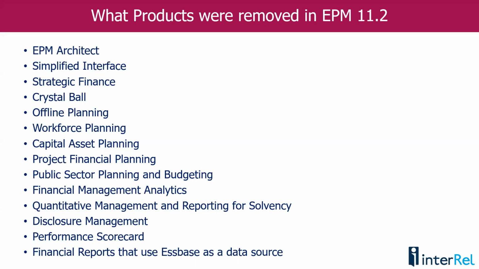Some of those products are EPM Architect, the simplified interface, and some of the prepackaged planning applications, as well as Performance Scorecard. The underlying technology for reporting and analysis has also been modified.